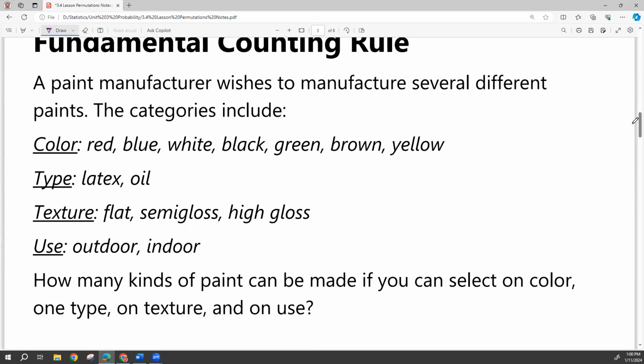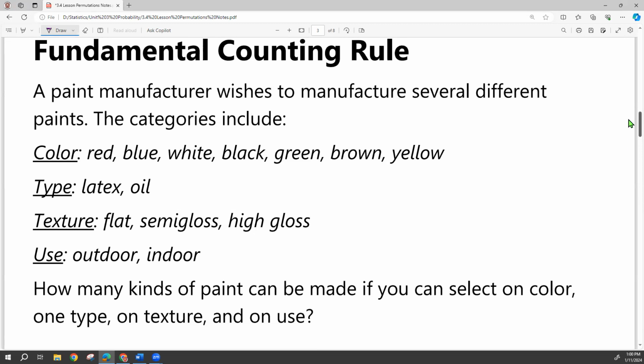So I'm just going to do one more example of that. Here we have, and this should say wishes to manufacture, all the different possibilities for paints, given these 7 different colors, 2 different types, 3 different finishes or textures, and 2 uses.